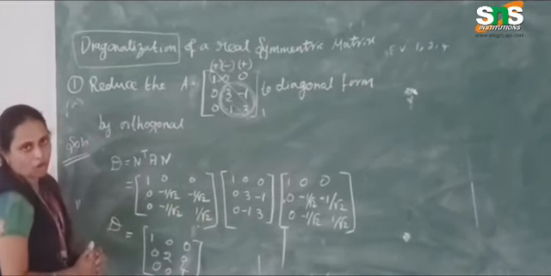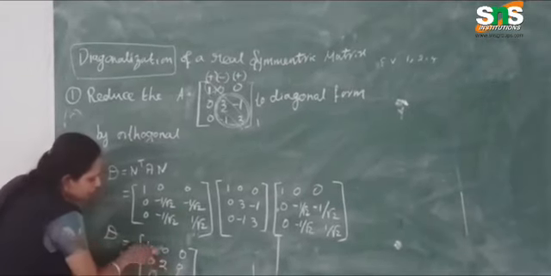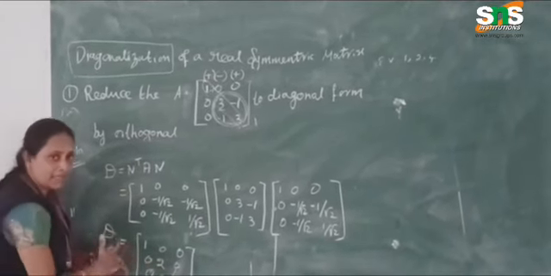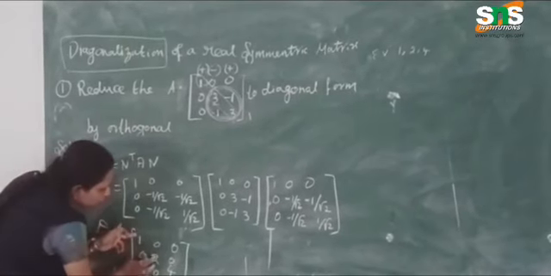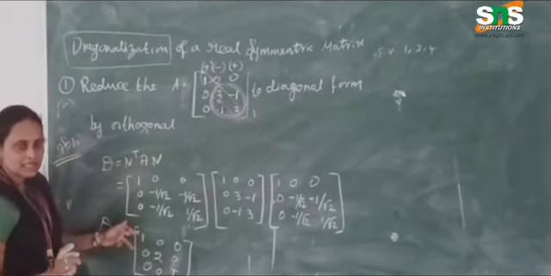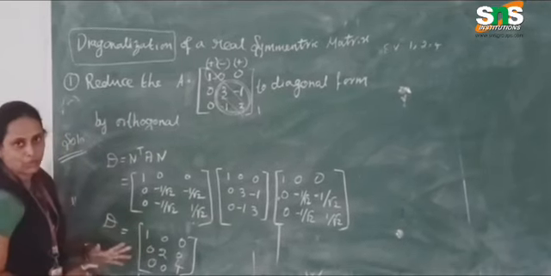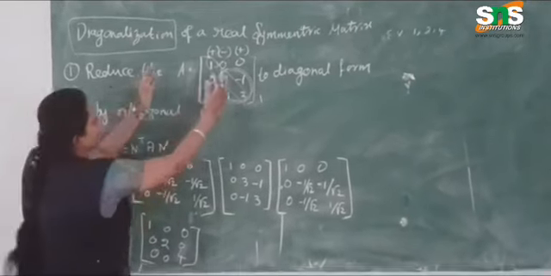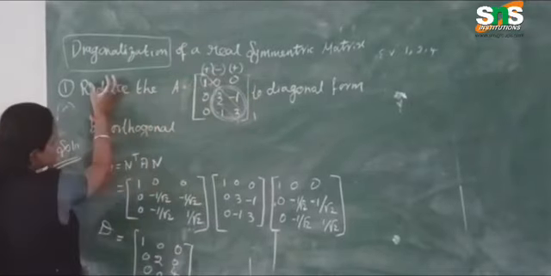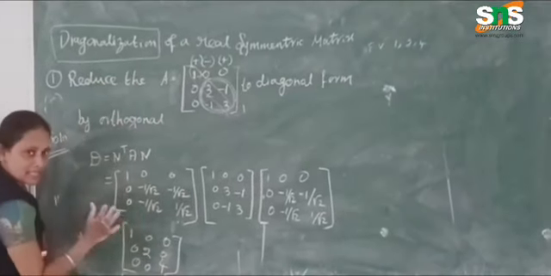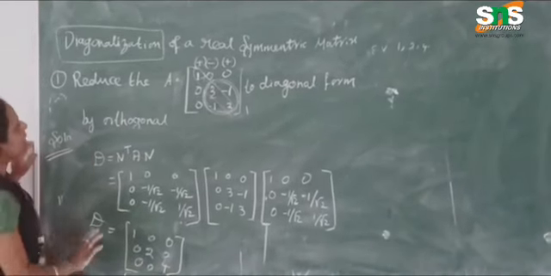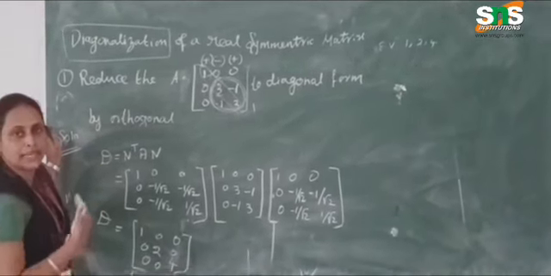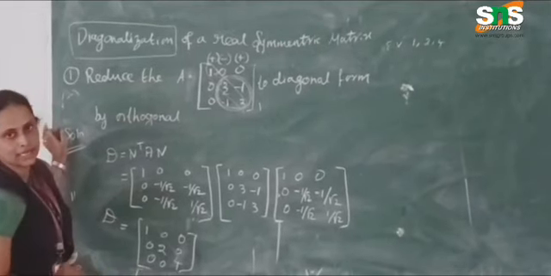In this diagonal form, the eigenvalues occur on the diagonal and the remaining elements are 0. These 1 2 4 are the eigenvalues. So the matrix is reduced to diagonal form. This is the method to reduce to diagonal form by orthogonal transformation.